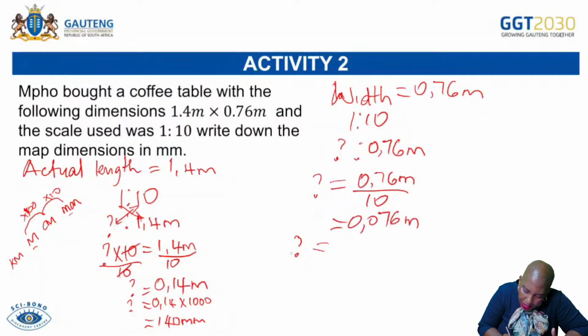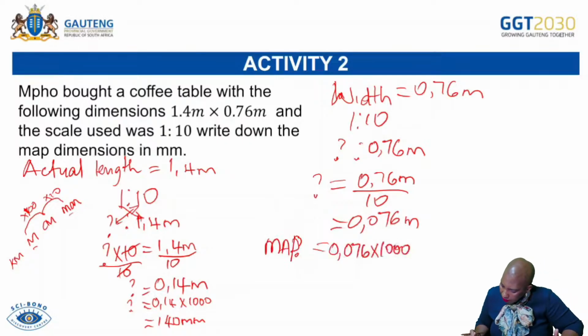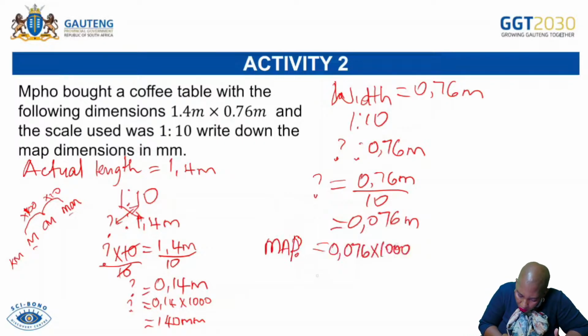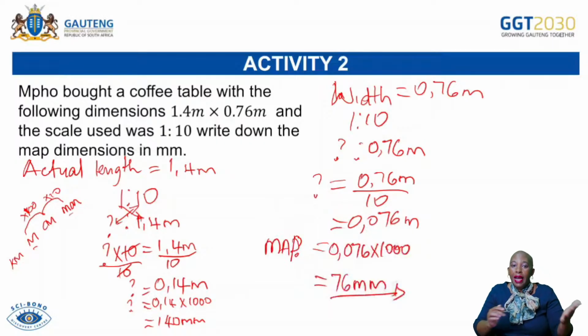Here we are saying the unknown is what? We are determining the map distance. So our map will be 0.076. We multiply it by 1,000. It will be 76 millimeters. So we are done.